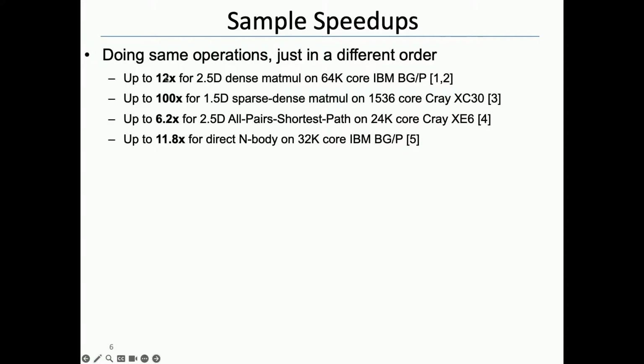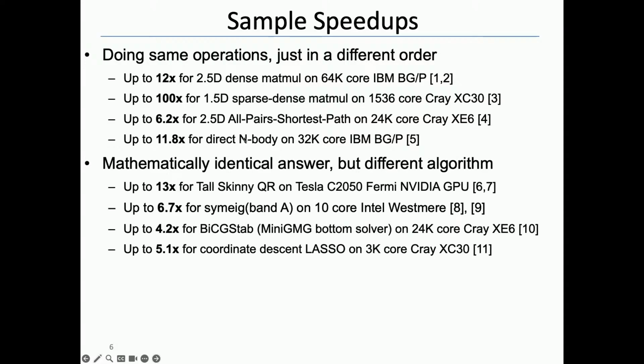I'm going to go into more detail on how we got a 12x speed-up over what people previously thought was the optimal way to do the usual n-cubed matrix multiply, but it turns out it wasn't, because they weren't avoiding communication. The same idea gives you a 100x speed-up for sparse times dense matrix multiply. It works for all pairs shortest path, so for graph theory as well, and for n-body. The second kind of optimization is to give.